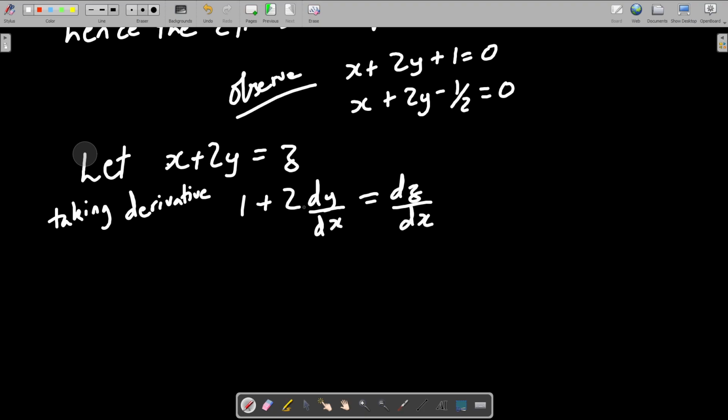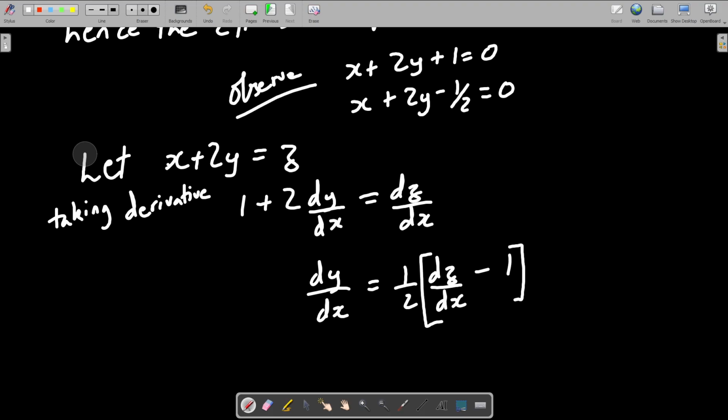Okay, but we want the thing in terms of dy by dx, right? So dy by dx is equal to half times (dz by dx minus 1).